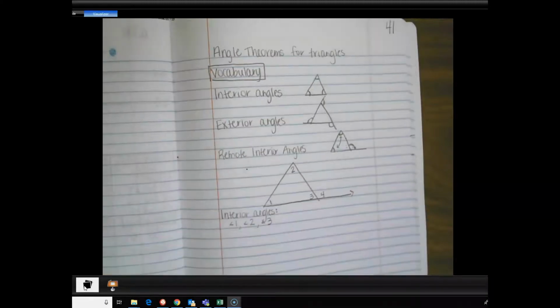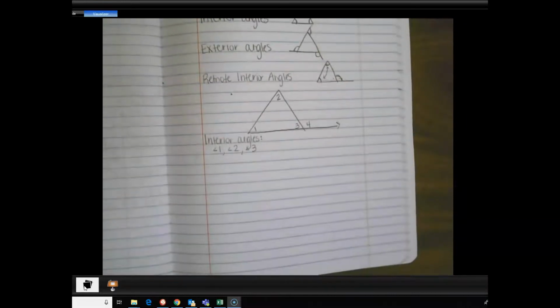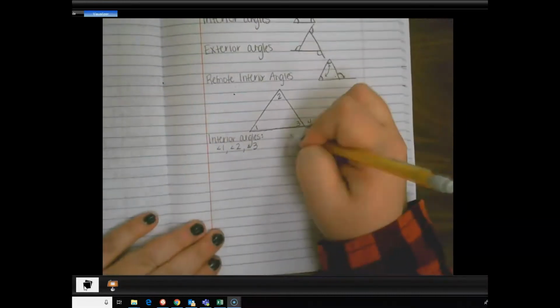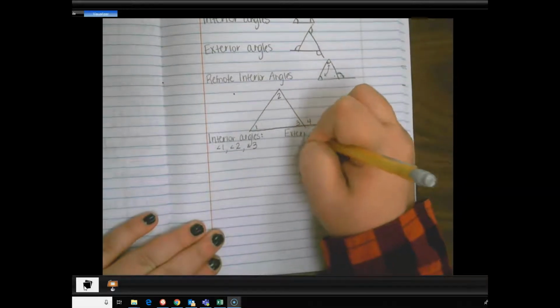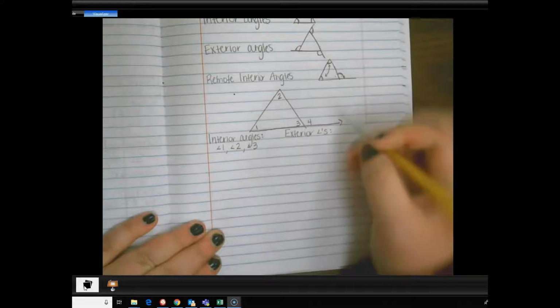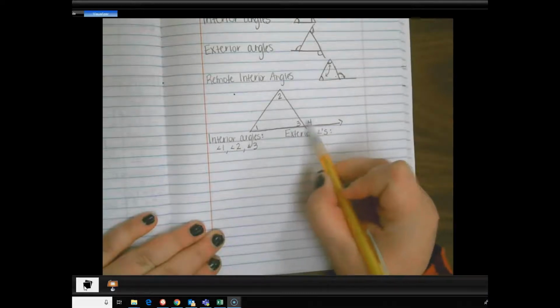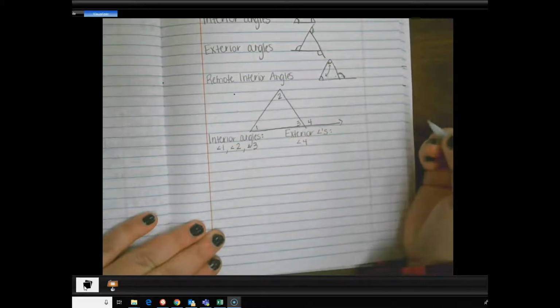Okay, remember that symbol means angle. We put an M in front of it. It means the measure of that angle. All right, when we're looking at our exterior angles, I'm going to abbreviate so we have enough room. We only have 1 exterior angle, only 1 angle that's on the outside, so that's angle 4.